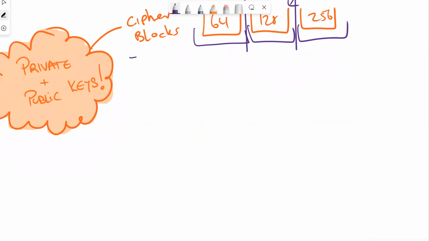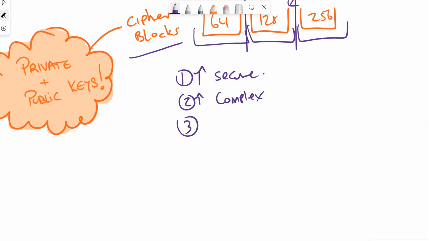Now, with cipher blocks, there are a couple of challenges that present themselves. One is that it's typically more secure, so it's more tamper-proof. Number two, it's a bit more complex than our bit-by-bit ciphering, so I'm going to say more complex. Number three, sometimes the other challenge with our private key, when we're talking about block ciphering, is errors in the actual block.